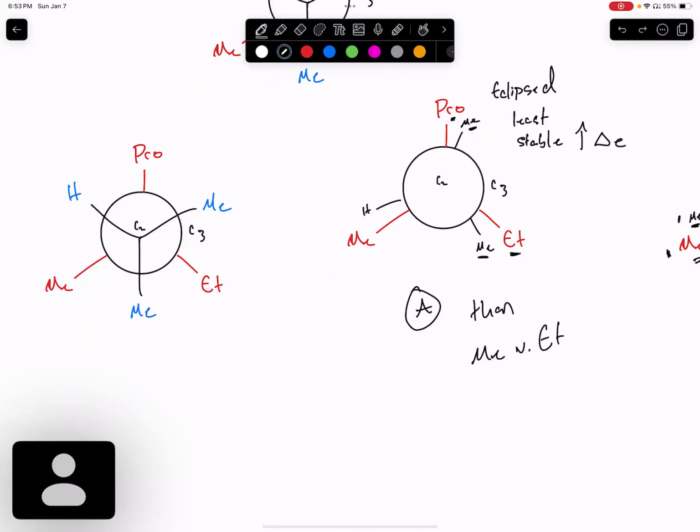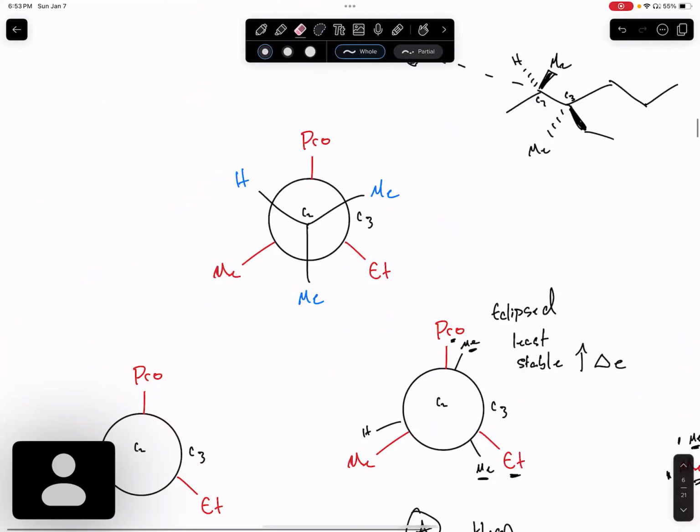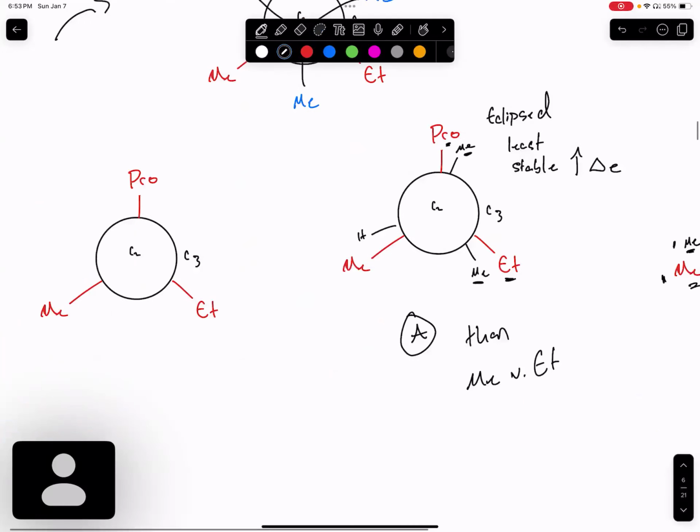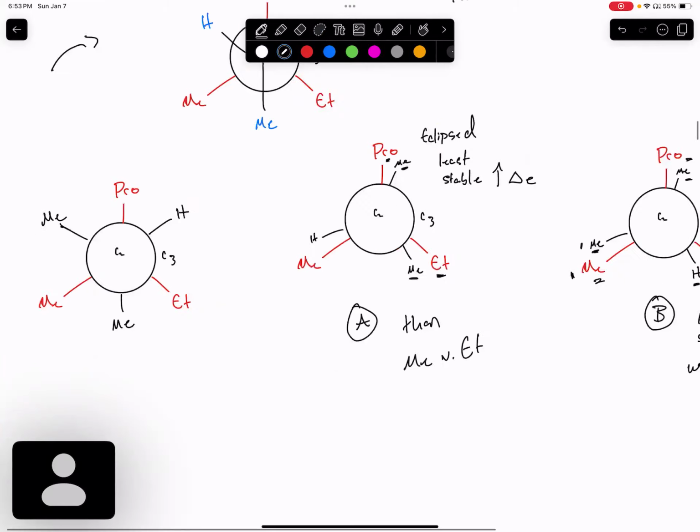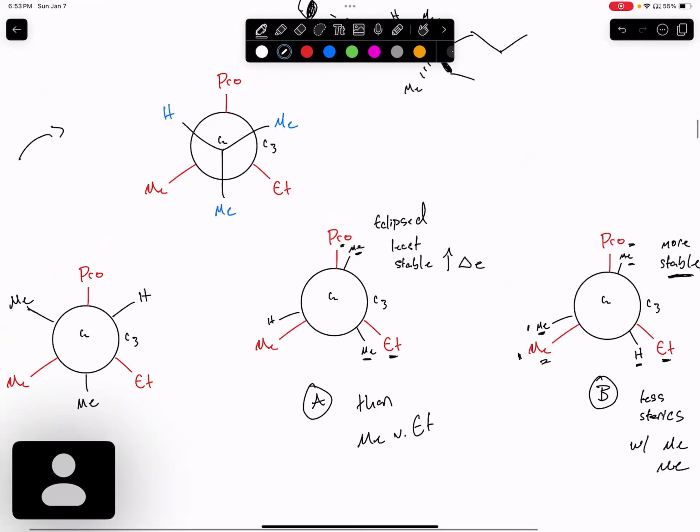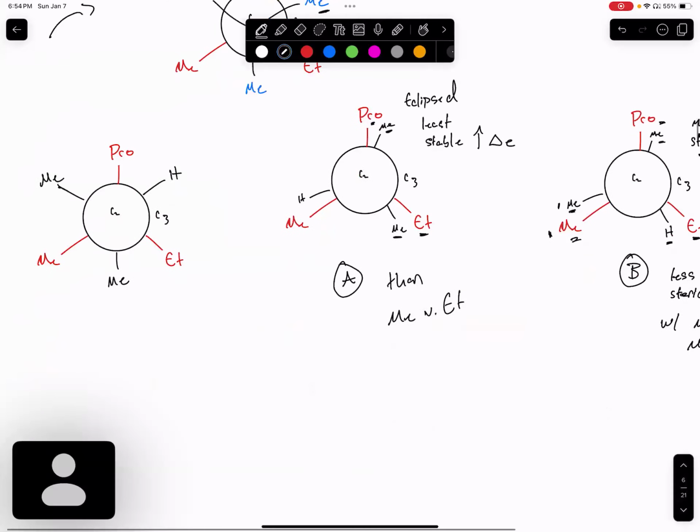So let's say I now switch these positions up one more time, and now I'm twisting it clockwise. Imagine if I was twisting this clockwise. I would now have hydrogen here, I would have metal here, and then I would have the other metal here. Since now this metal is less close in angle to the propyl and the ethyl.